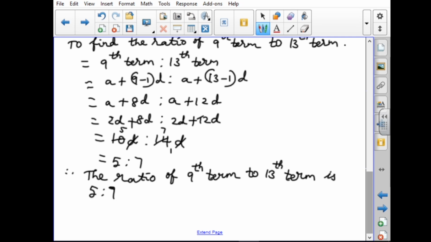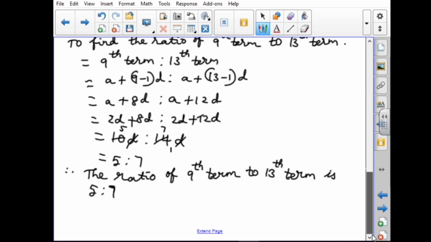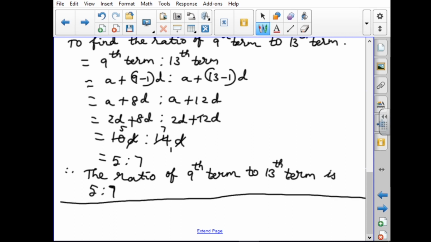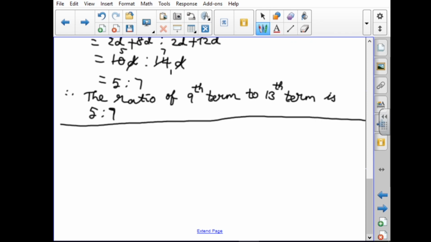In the question they have given the ratio, and they also ask us to find the answer as a ratio. We have to use the formula Tn equal to A plus n minus 1 into D. We have to simplify and get the answer. That's all.